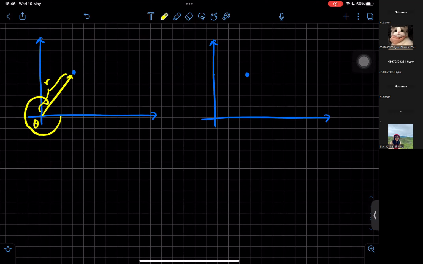Okay, or even weirder, I can have another line here. Okay, so this one will be minus r, and then I go until here, right? I also can get to that point.